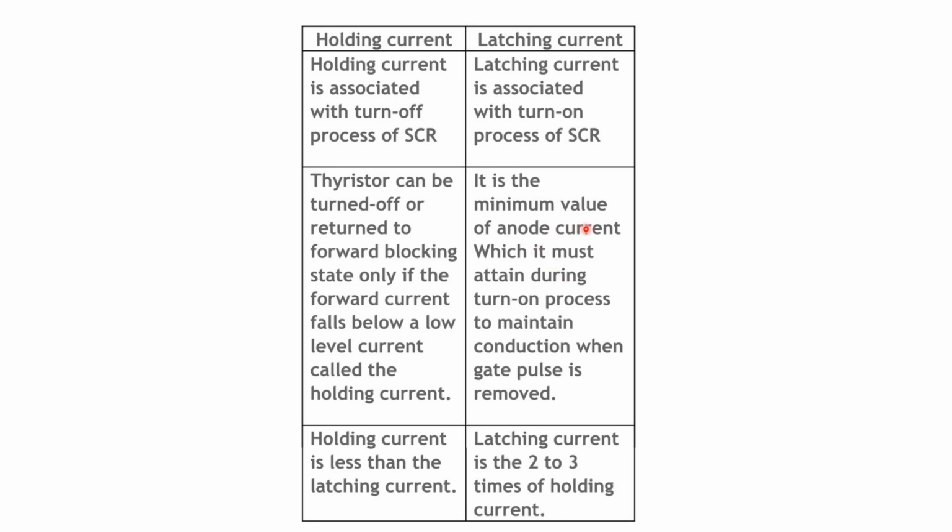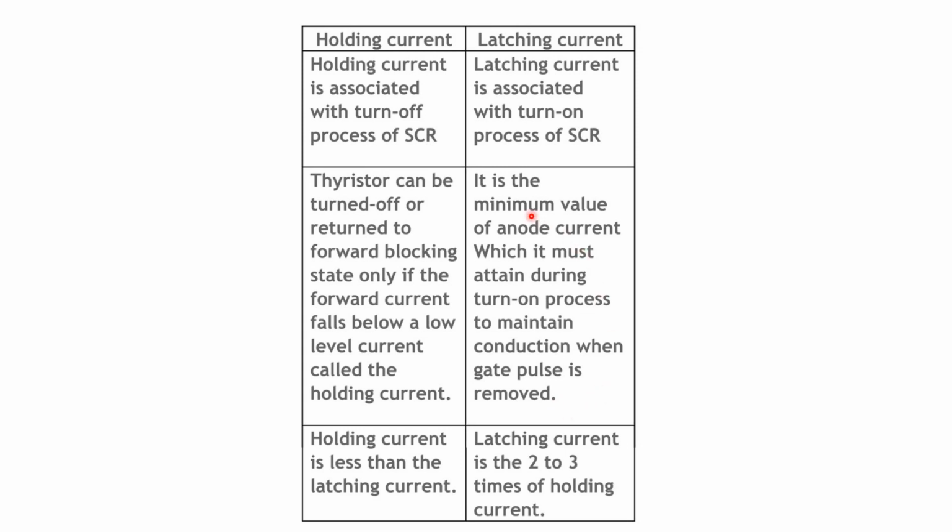Whereas latching current is the minimum value of anode current which it must attain. That means it has to reach that minimum value of current to keep itself in the on state. That means even if the gate pulse is removed, it will still be in the on state.